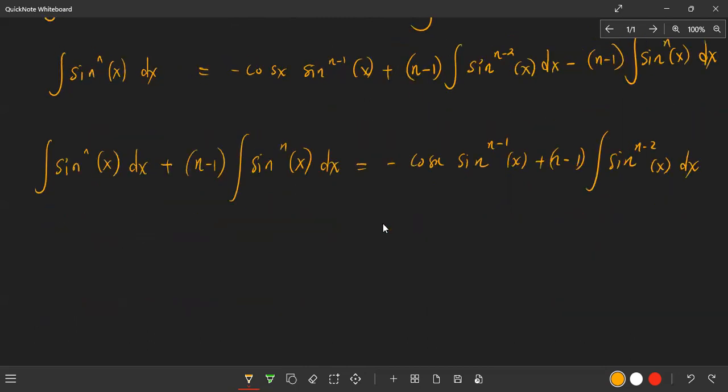Just like before, again, I can factorize what is common. As you can see, the integral of sine n x is common. These two integrals are common, so I can factor out sine n x dx. If I do so, you notice that it's just 1 plus n minus 1.